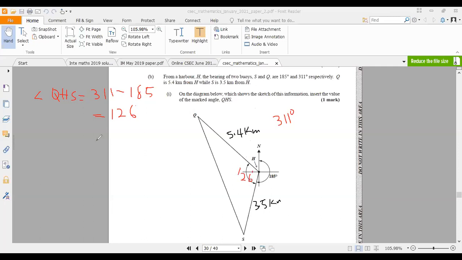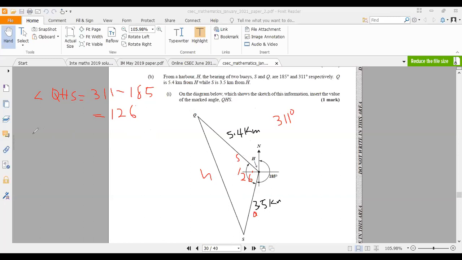Now I'm going to use the cosine rule, as somebody said. Everybody knows the cosine rule by now. So here is small h, here is small s, and here is small q.